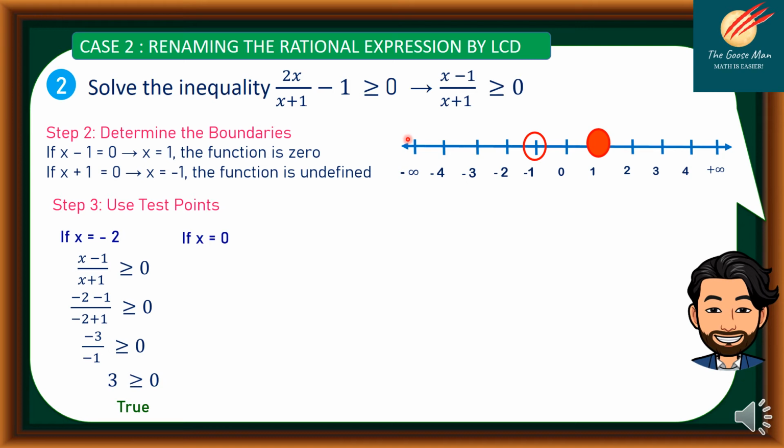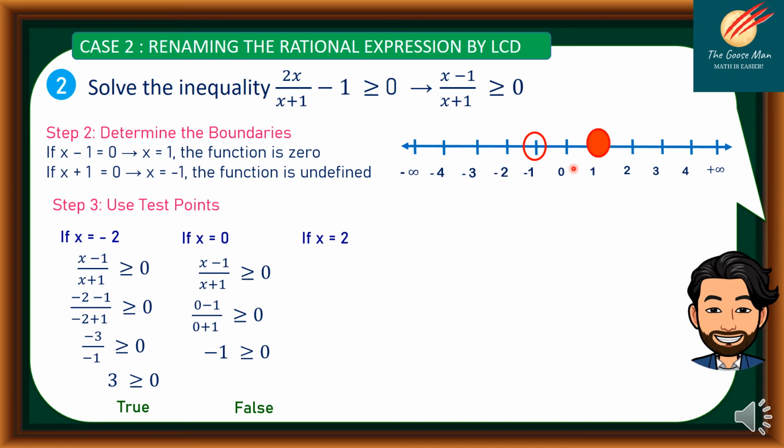On the other hand, if x is equal to 0, because this is between negative 1 and 0 and is the easiest value that I can use, we can say that negative 1 all over 1, or negative 1, is greater than or equal to 0. And of course, this is false. So this area is not included in the inequality.